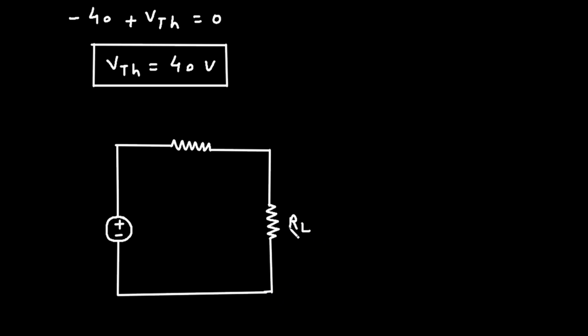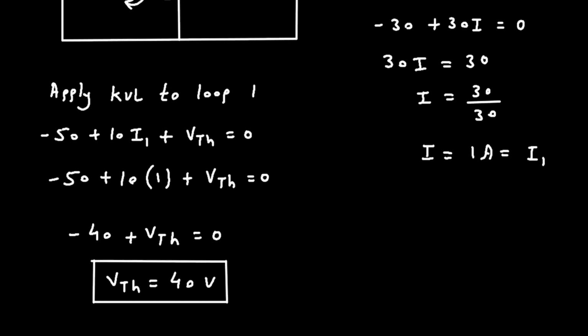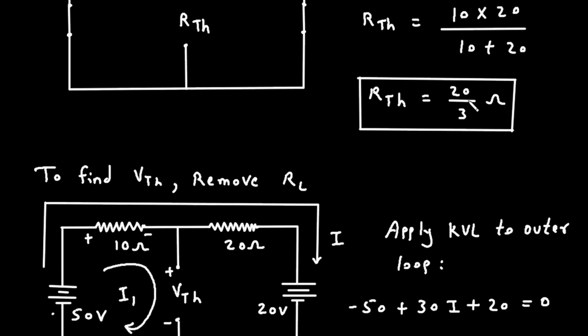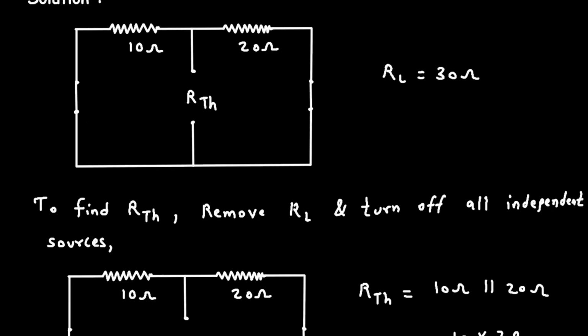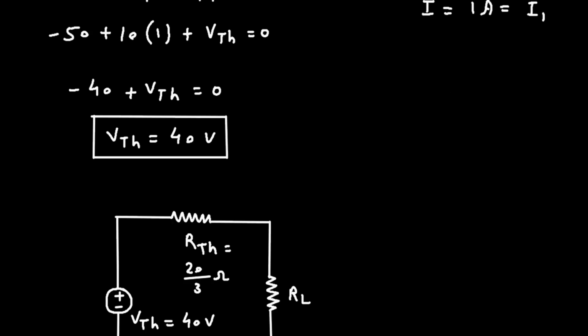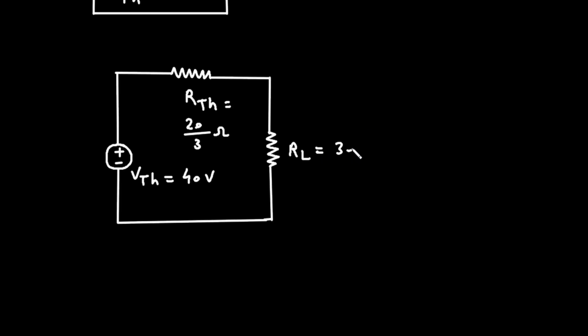So VTH is equal to 40 volt, RTH is equal to 20 by 3 ohm, and the value of RL is 30 ohm. And we have to find this current IL.